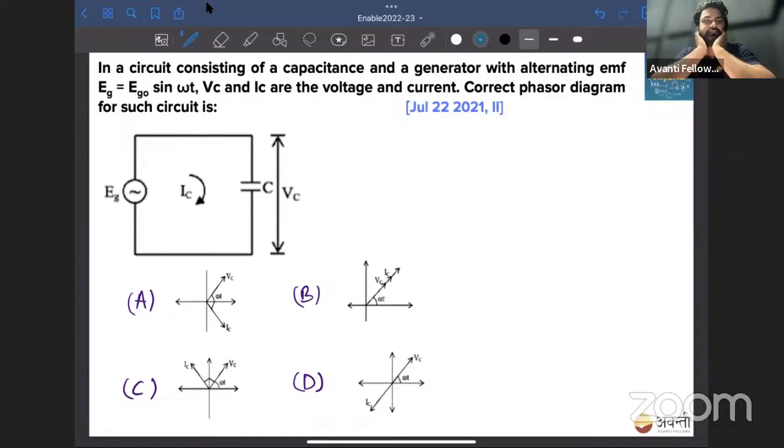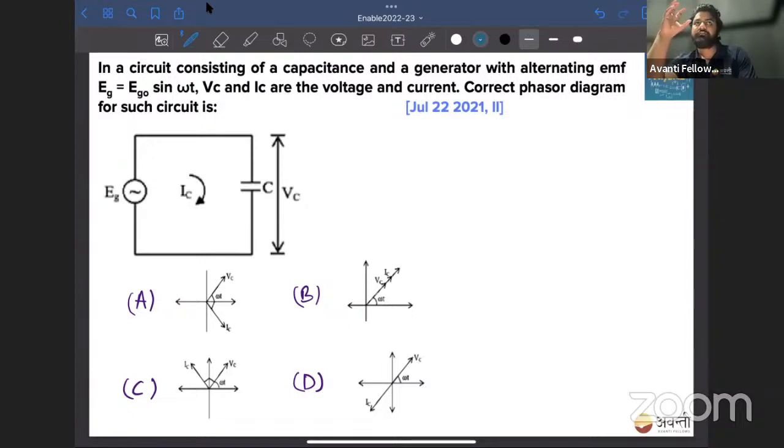Any doubt? Quickly, I will revise orally. Pay attention. Note the question and also listen to me orally. We started the story with the last topic of EMI, the AC generator. In an AC generator, NVA omega cos omega t was the EMF developed. From there we got the EMF equation, E equals E naught sine omega t.